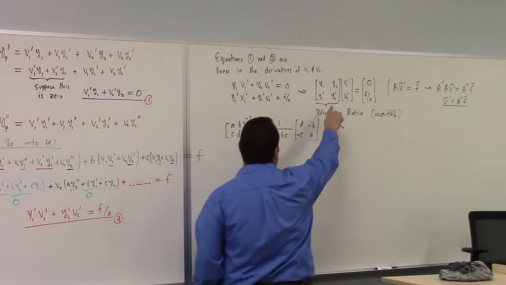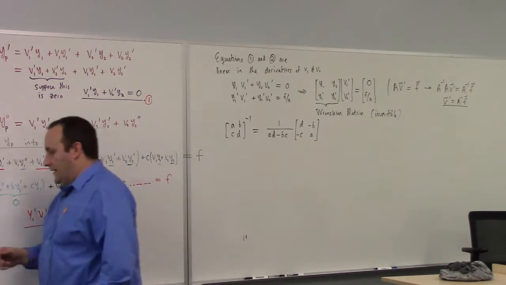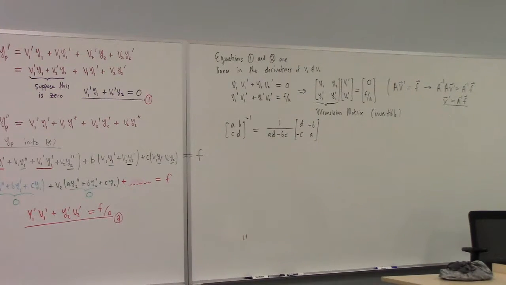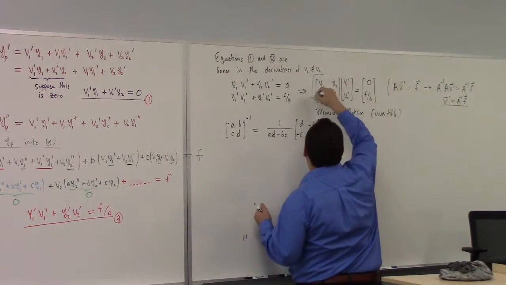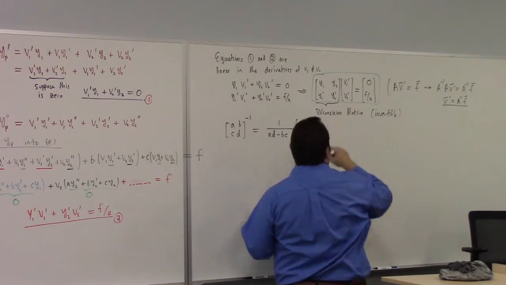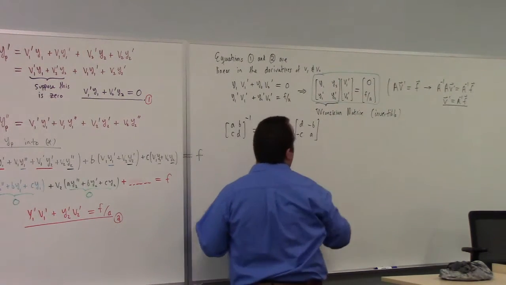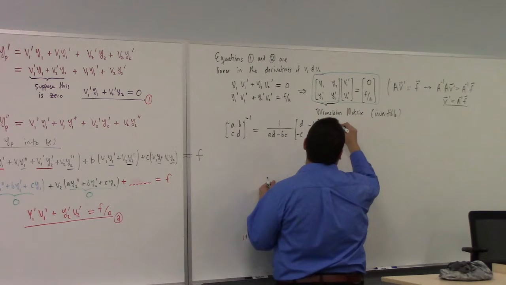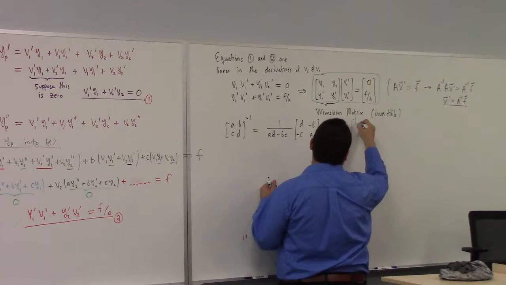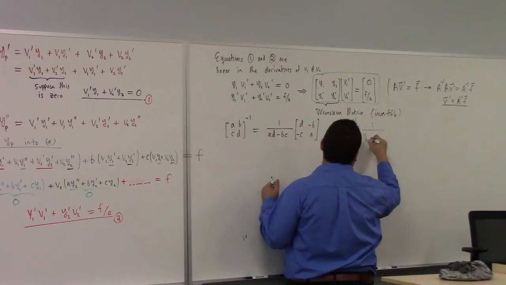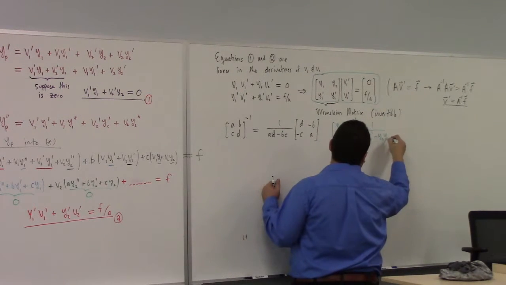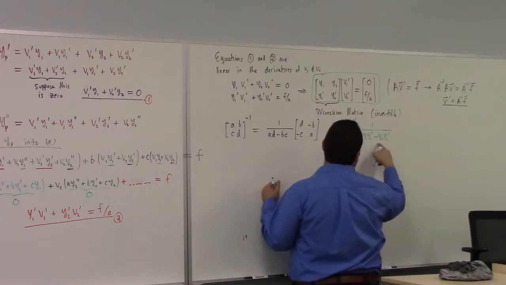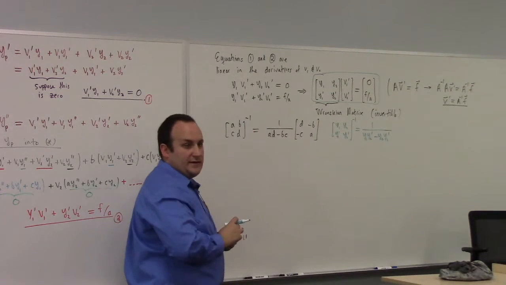So if I take the matrix equation up here, I multiply both sides by the inverse of the Wronskian matrix. So what's the inverse of the Wronskian matrix? The determinant, right? This is exactly the Wronskian itself in the denominator.